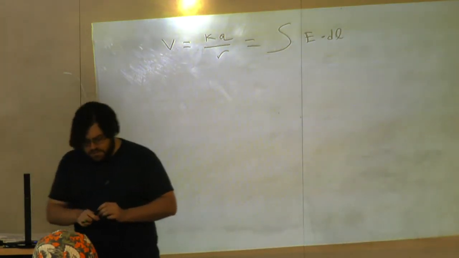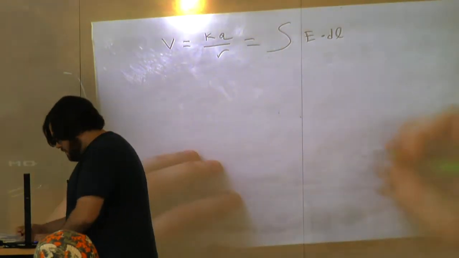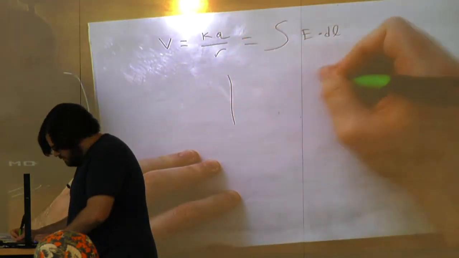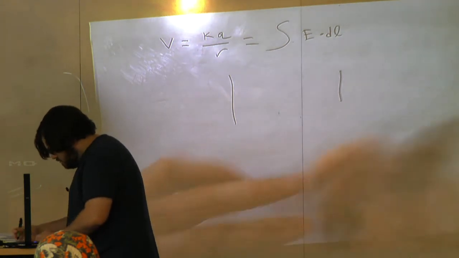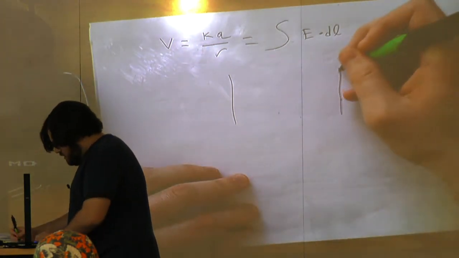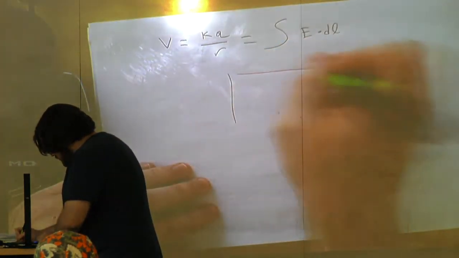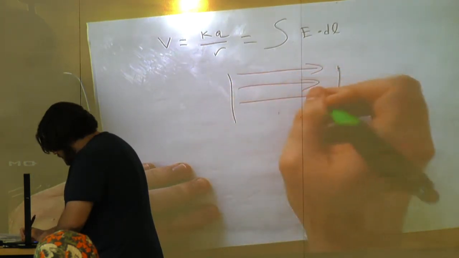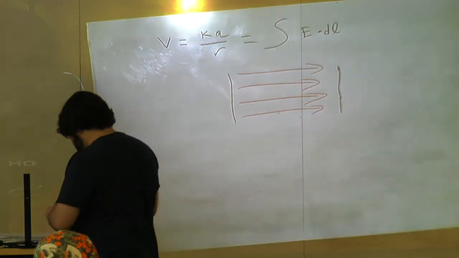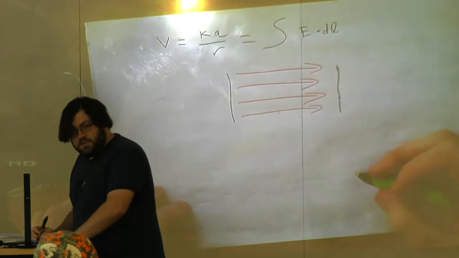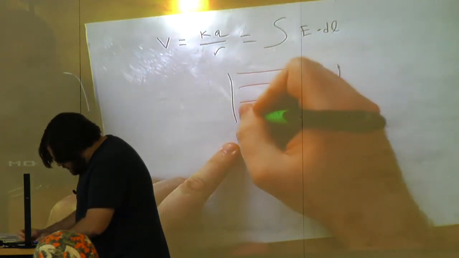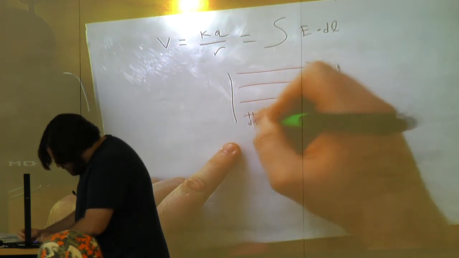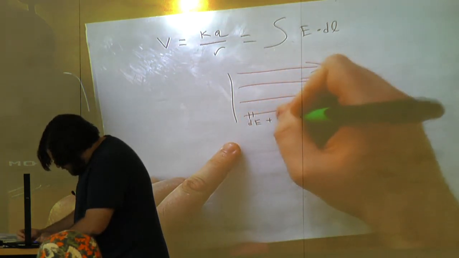So electric potential is kind of like saying, if I have some plates, and I have field going like this between those plates, if I want to find the potential difference between these two plates, I'm going to just add up a little bit of field here plus a little bit of field here.